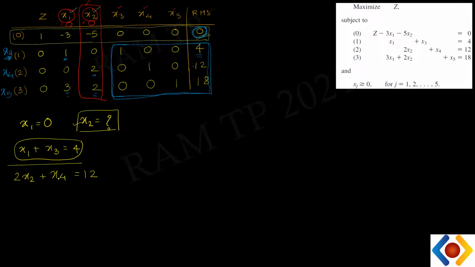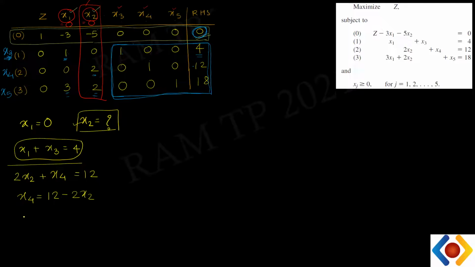Now let me modify this equation. I'm keeping x4 on the left hand side and getting the other term on the right hand side. So this becomes 12 minus 2x2. Are you all with me? Very simple. Do we have a non-negativity constraint even for x4?